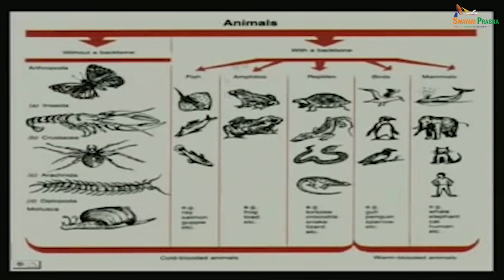The animal world has been divided into two major groups depending upon the presence of backbone, that is the spinal cord. The group of animals which are having this backbone are called chordates. Those which are without backbone are the non-chordates.